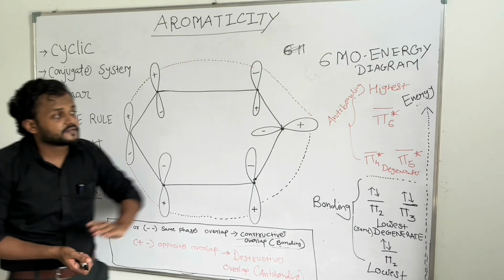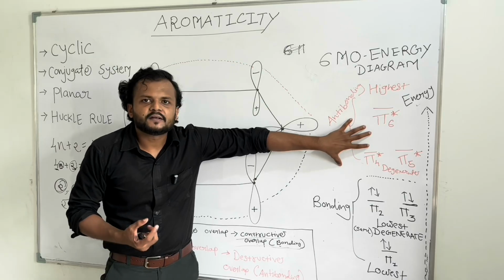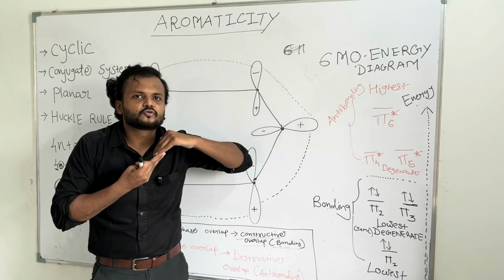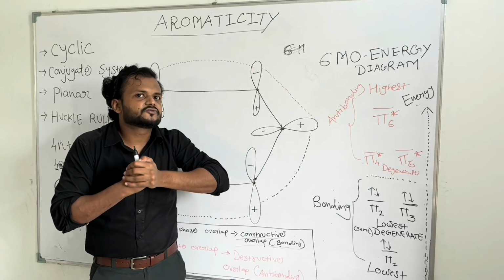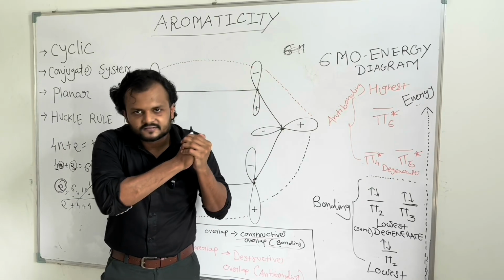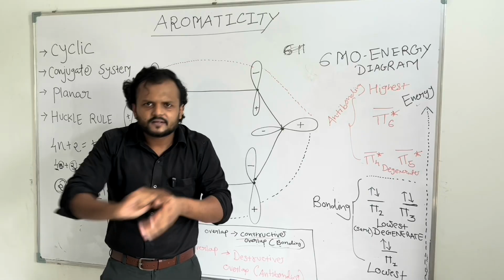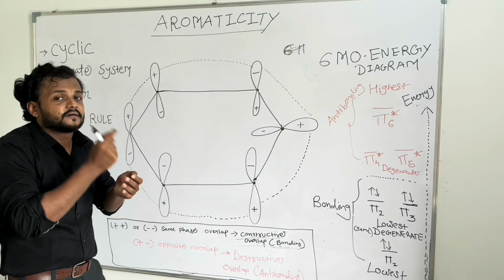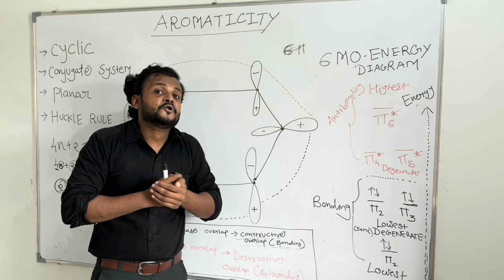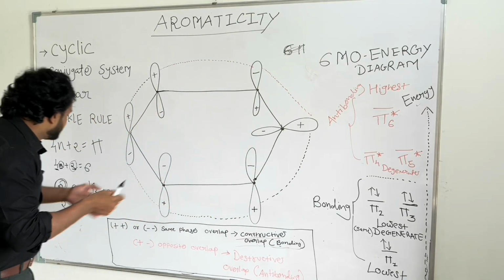That means now the antibonding orbital is also going to fill, and once the antibonding orbital fills, that is going to cause instability. The stability is disturbed, diminished. That's why n should not be a non-integer.